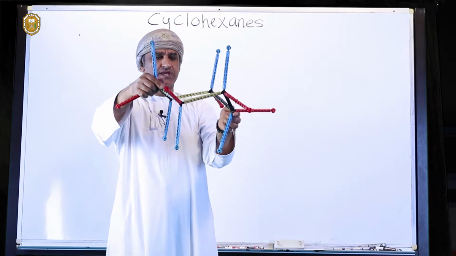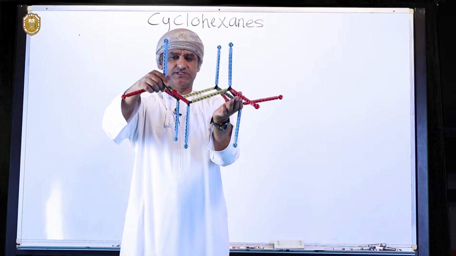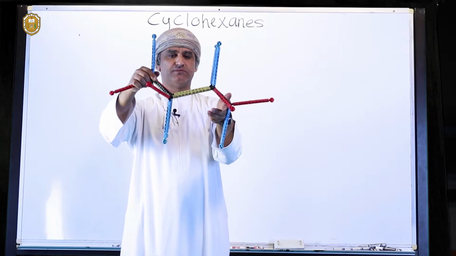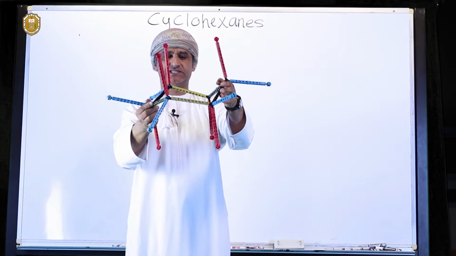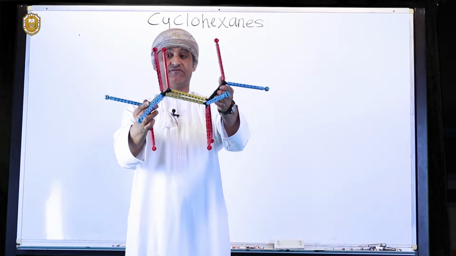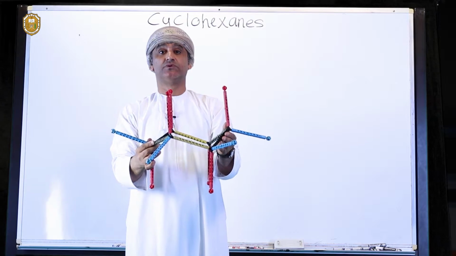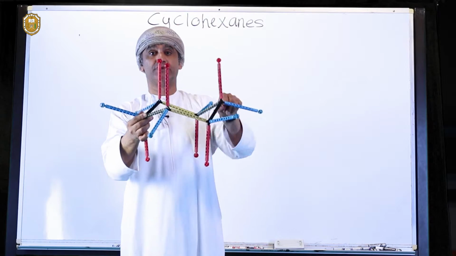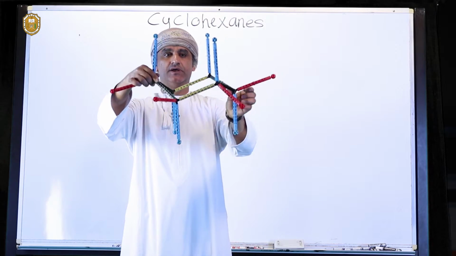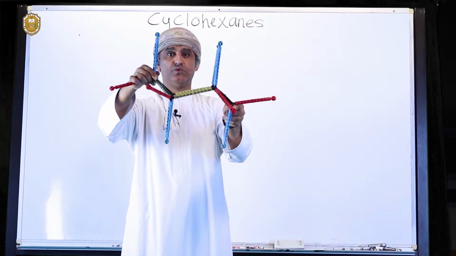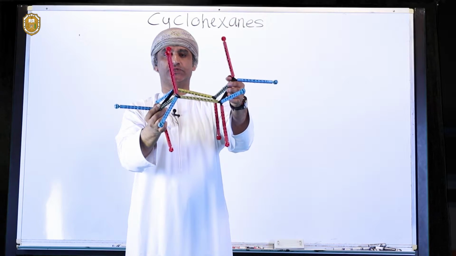Now, what's important here is to remember that whatever bond is axial in this chair conformation, for example the axial bonds shown in red, become equatorial now, and the axial bonds shown in blue become equatorial now.